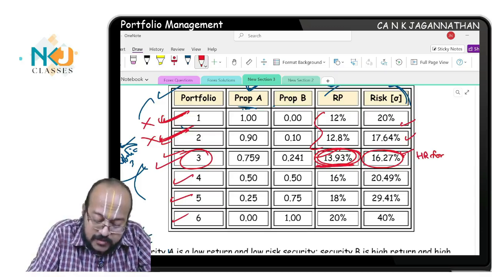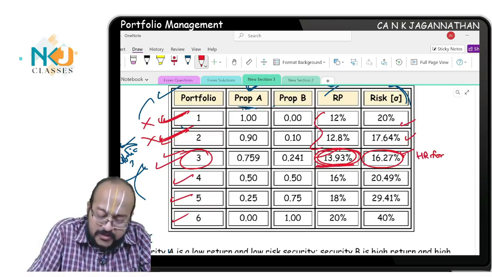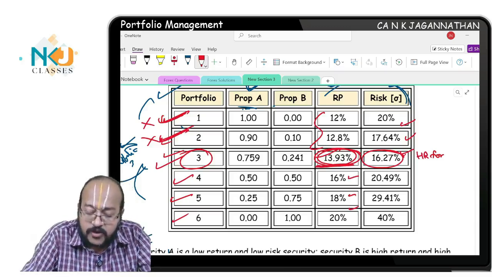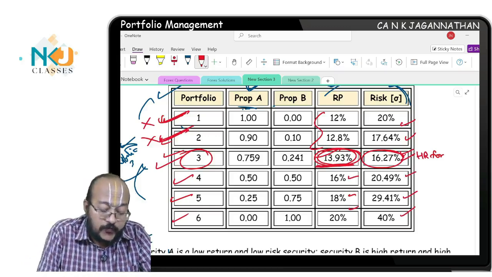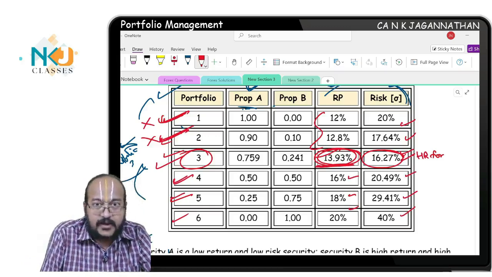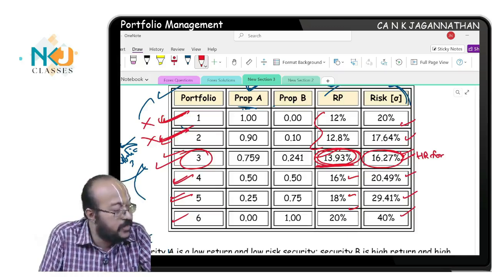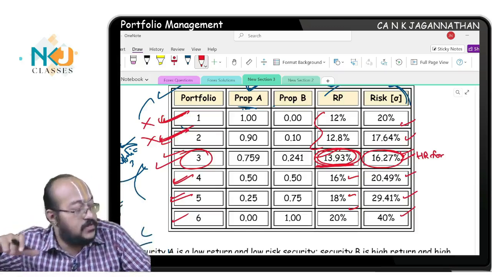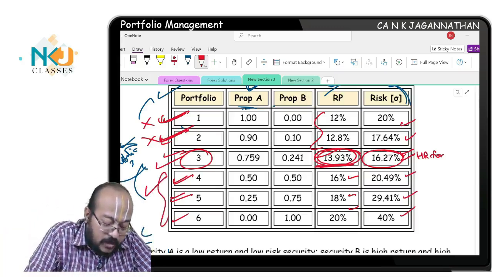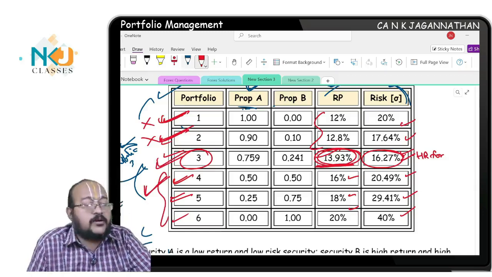Because if you notice, yes, portfolio 4, 5 and 6 are giving higher return, but for higher risk, not for the same risk. If portfolio 4, 5 and 6 had given me higher return for the same level of risk, then this would become efficient and 3 would become inefficient.